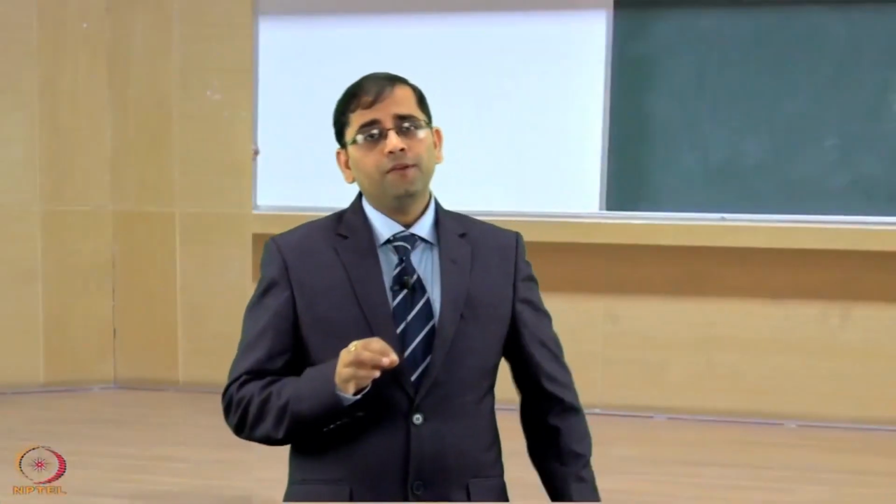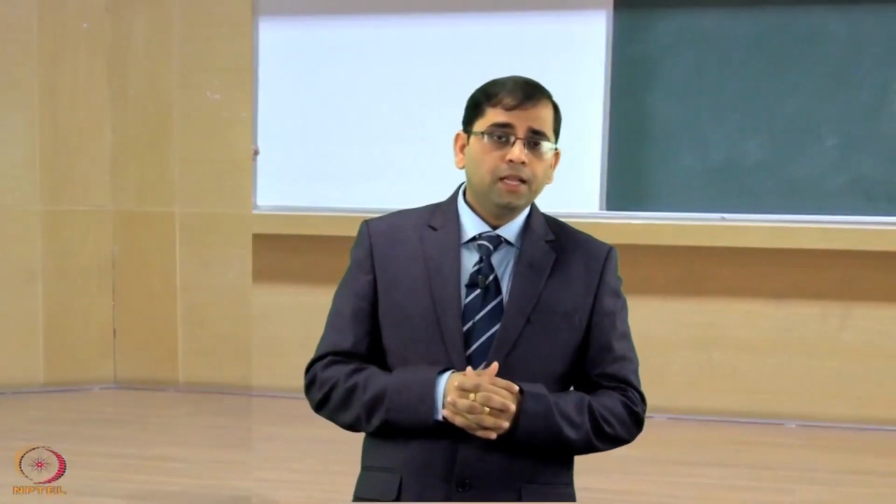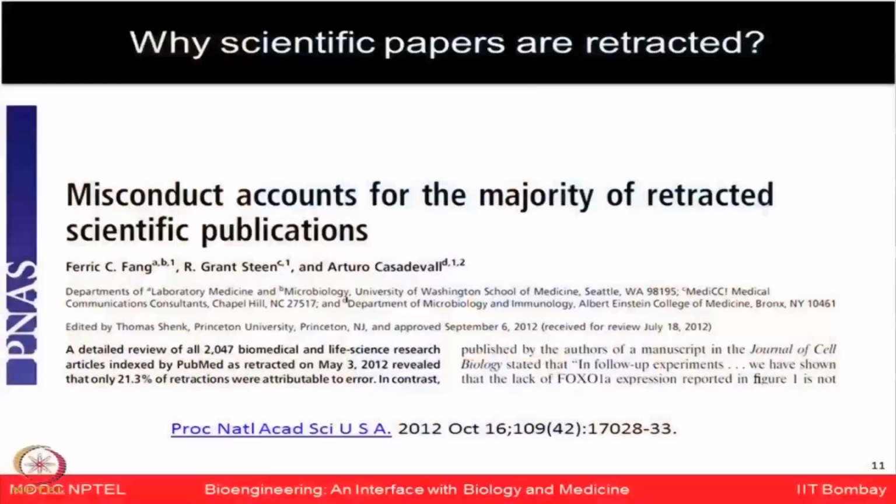The report from the Office of Research Integrity and other published resources, and additional retraction announcements in scientific journals, are also worth analyzing. In the journal PNAS, they tried to analyze the reasons for scientific misconduct and why scientific papers are retracted, as you can see in this slide from the published article.